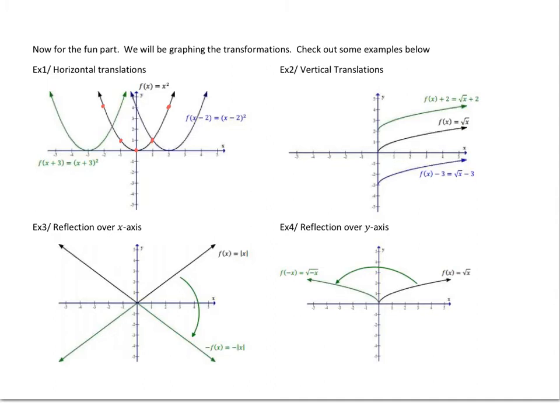You can see that if you have x minus 2 squared, that quite literally takes all of the points and just shifts them over to the right. And similarly, you can see here that x plus 3 squared takes all of the points and shifts them over 3 to the left.